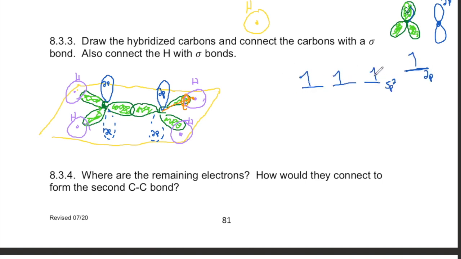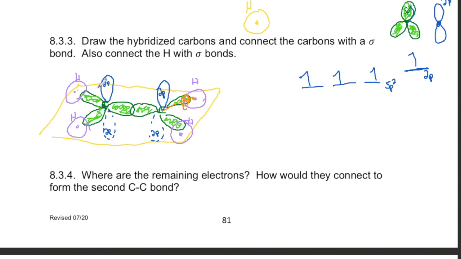So remember from the energy diagram that we just had, that we had erased, we have the 3 electrons in the sp2 orbitals. So each of these orbitals has an electron in it that is ready to bond. That's why it's bonding to the hydrogen. And then we have 1 electron in the 2p orbital that is ready to bond. So we have an electron in this blue 2p orbital from this carbon and 1 from this other carbon in this blue 2p orbital.